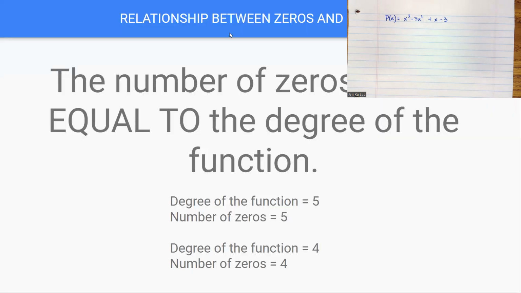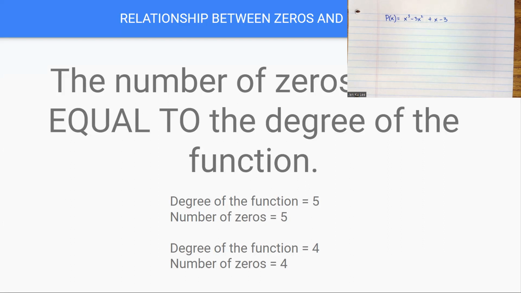So the relationship between the zeros and the degree of the polynomial is that they're equal to each other. The number of zeros will always equal the degree of the polynomial. So if you have a degree of 5, let's say x to the 5th is the highest exponent, then 5 is the number of zeros you have.